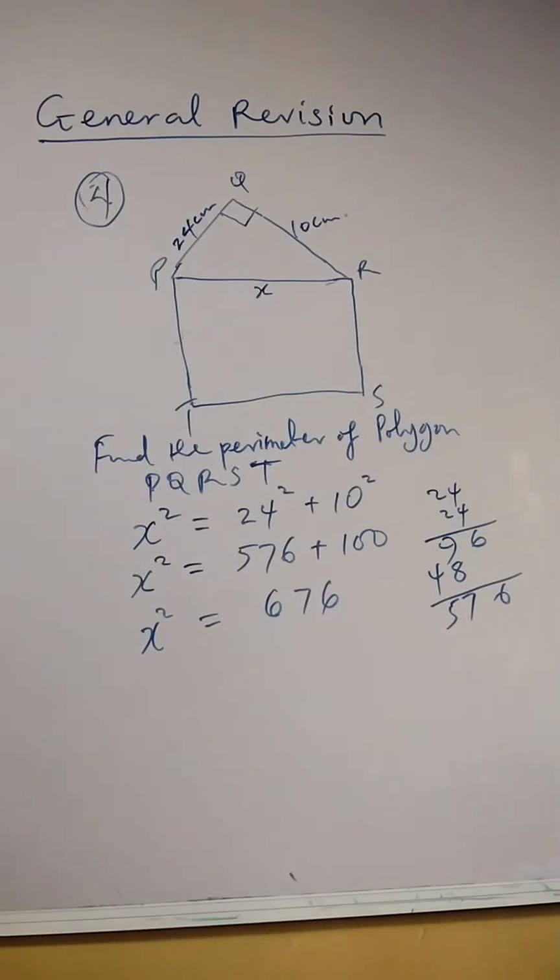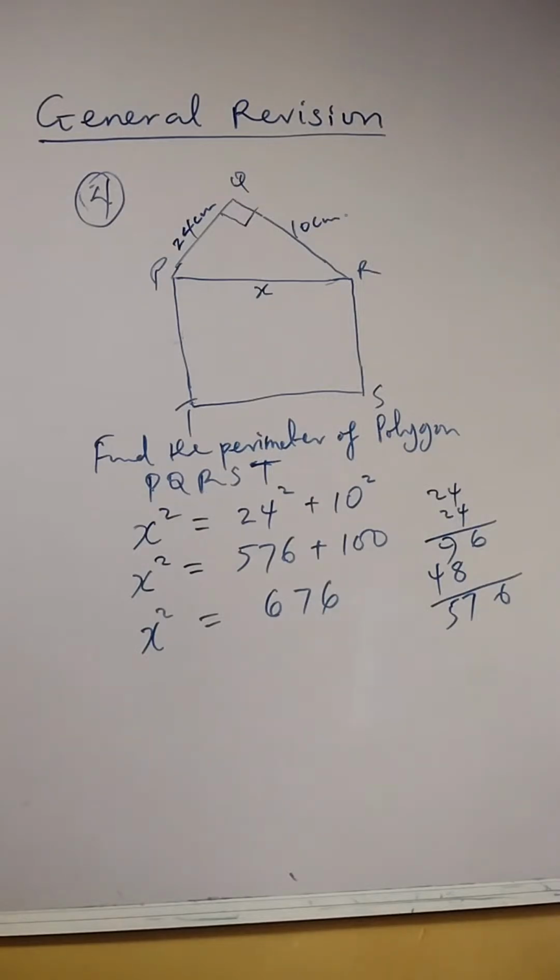So find the square root of this, and then that's the side you are searching for here. So to get the value of x, we take the square root of 676.